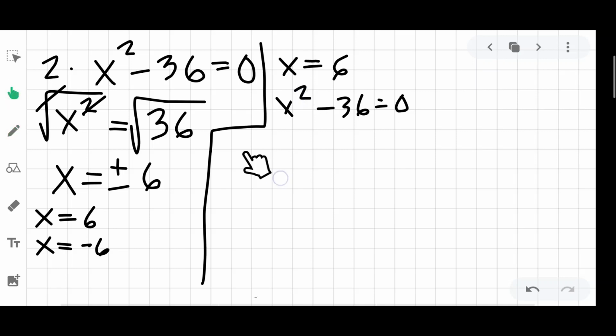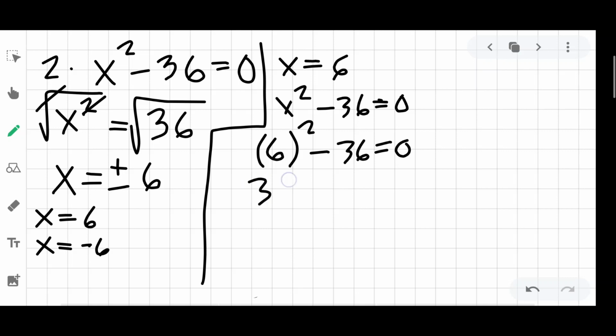Okay. Papalitan natin yung value ng x ng 6 sa nakuha natin para ma-check natin kung tama ba yung answer natin. So, 6 squared minus 36 equals 0. So, 6 times 6, the answer is 36.